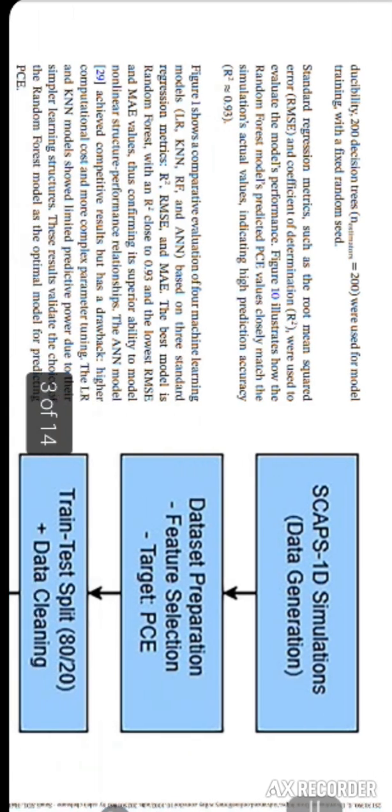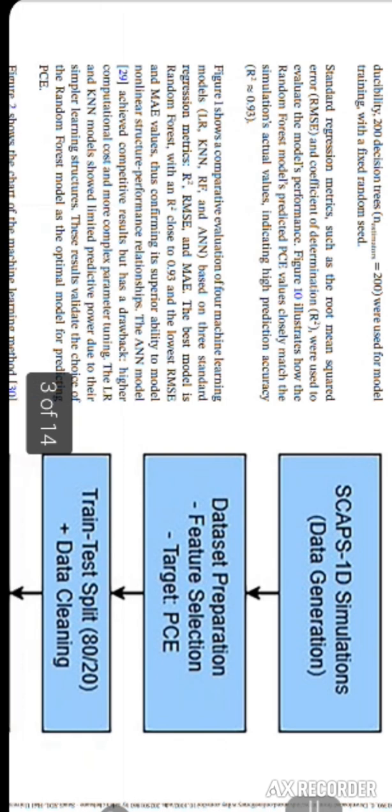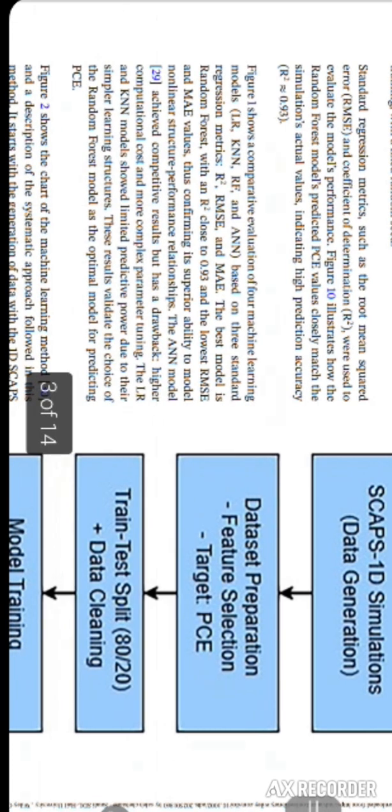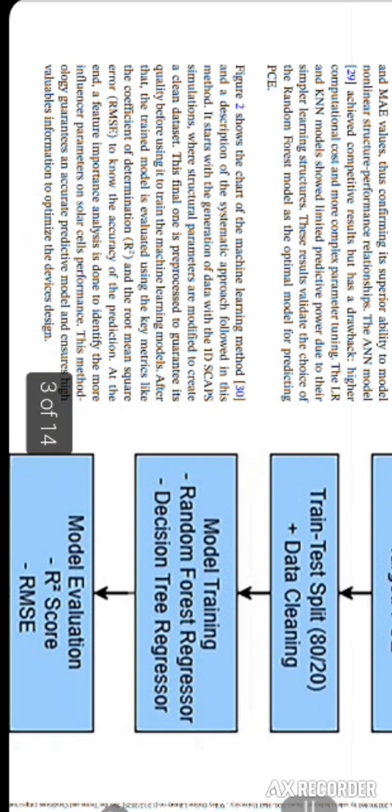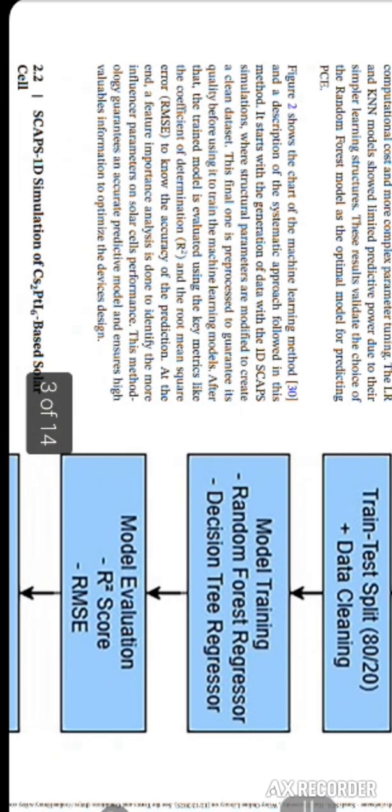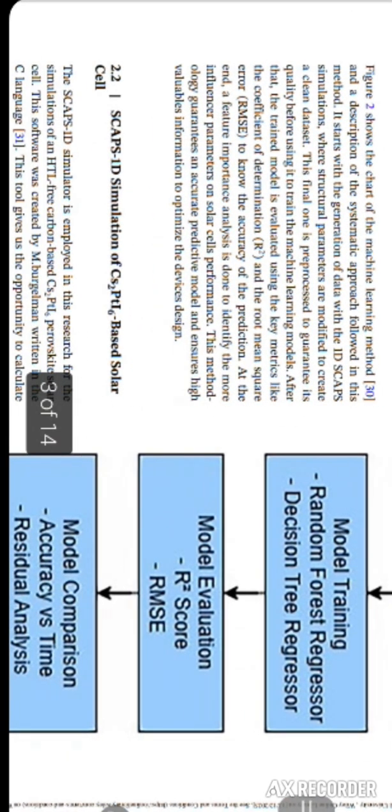Next, they prepare this data and select the features and determine power conversion efficiency as a target. They split the data 80 to 20 as training and test sets, and they train two models, random forest and decision tree regressors, and they evaluate the models.